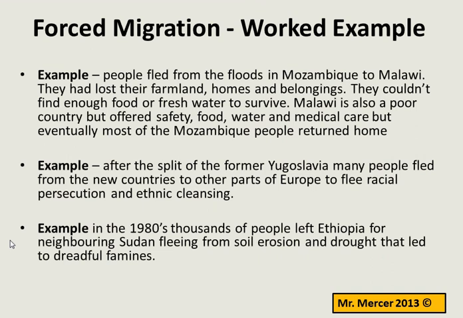A second example would be the late 90s, 1999, split of the former Yugoslavia, in which the war that resulted at that period led to huge migrations of people out of that part of Europe to flee racial persecution and ethnic cleansing.